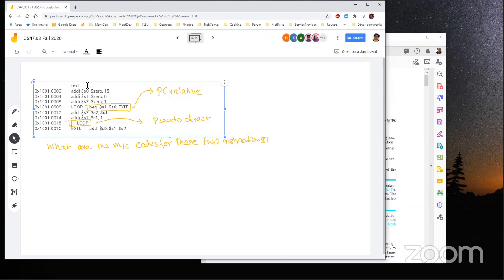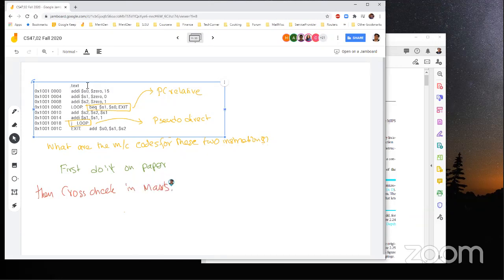So first do it manually. First do it on paper with all the theories that you understand, and then cross check in Mars.